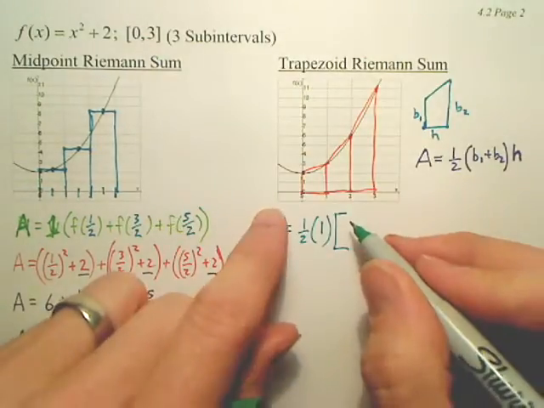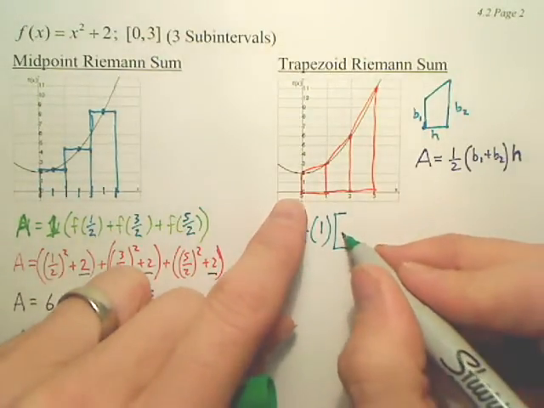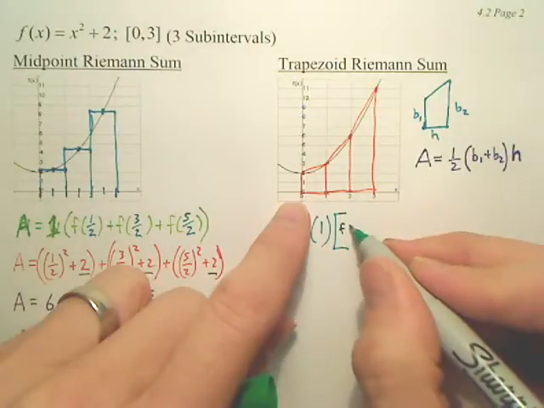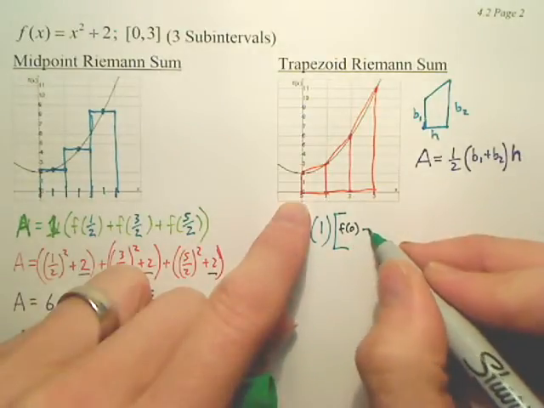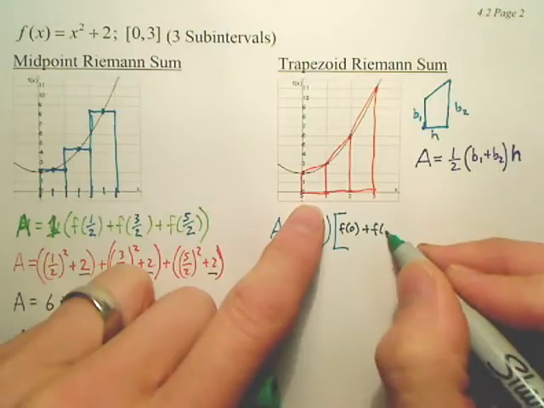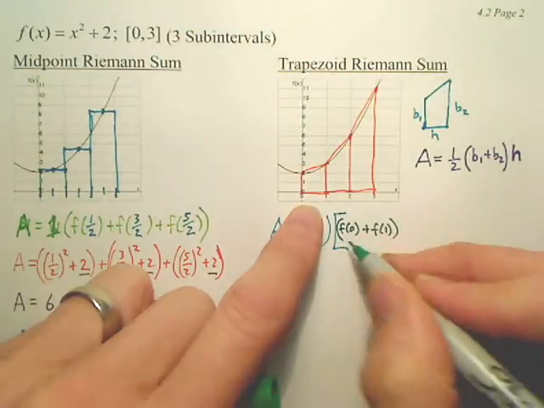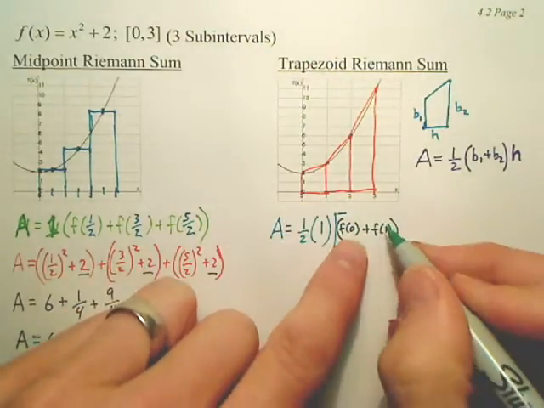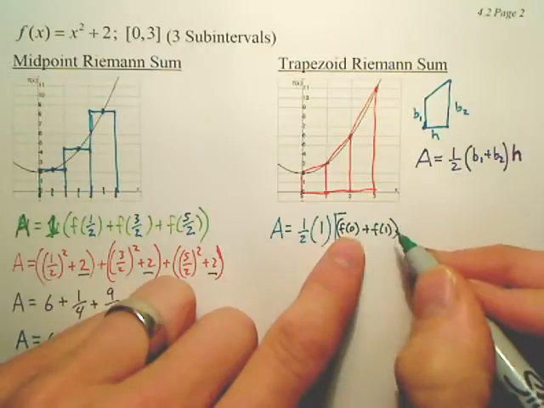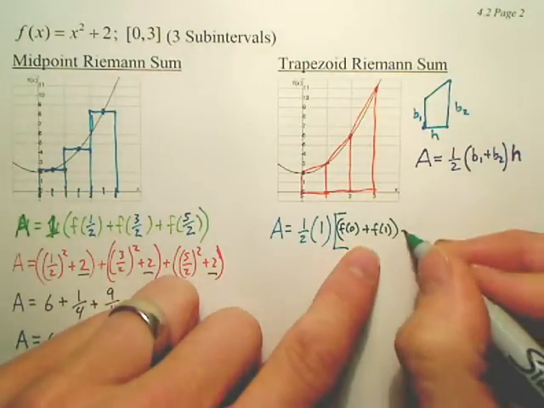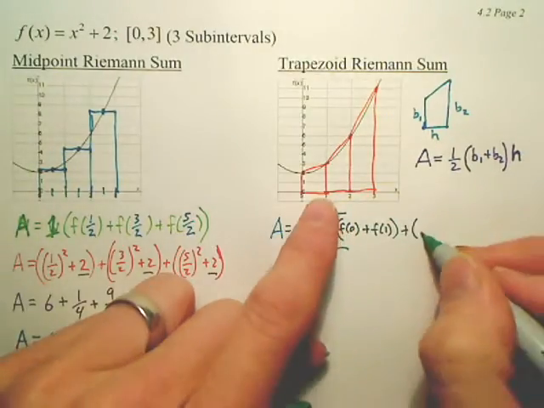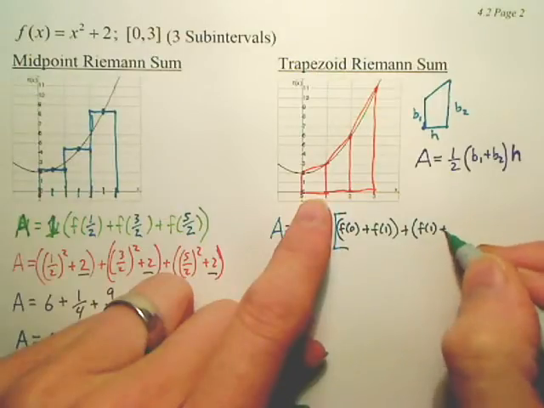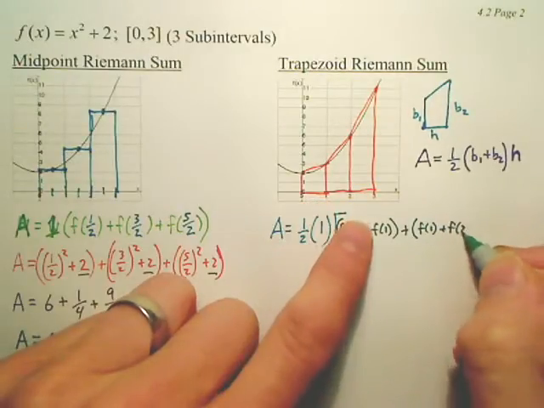I'm going to write it out the long way. Isn't that going to be f of 0 plus f of 1? Isn't that the first piece? Just so you can see it. You'll see why later on. And then for the next piece, isn't it f of 1 plus f of 2?